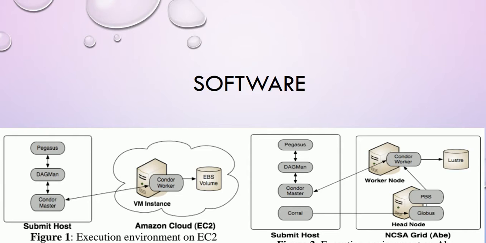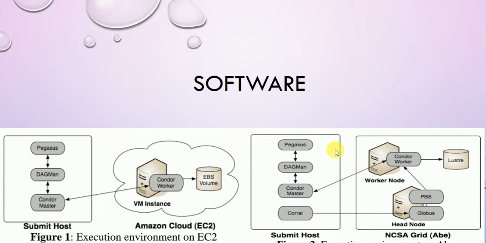The submit host running outside the cloud was used to coordinate the workflow, and the worker nodes were started inside the cloud to execute the workflow tasks. Two virtual machine images were used to start worker nodes. You can see over here the worker nodes.